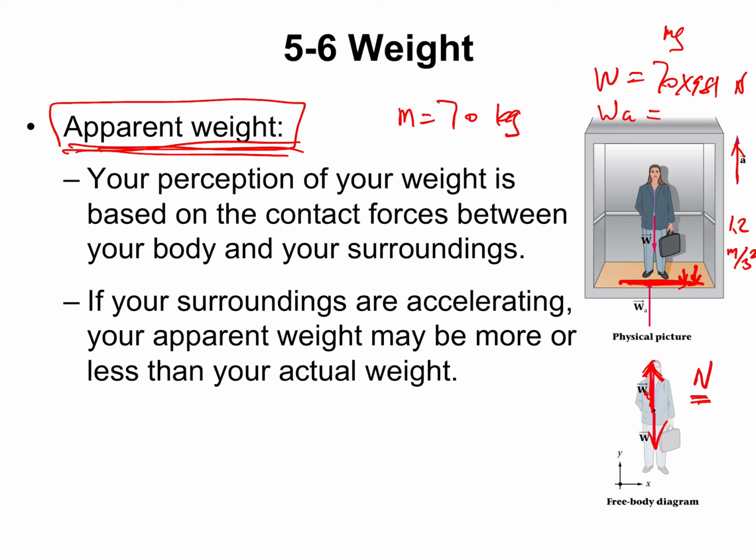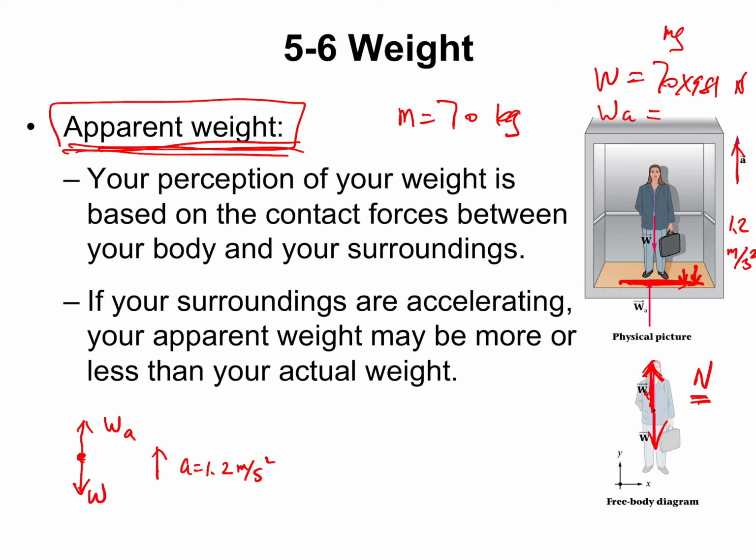Well, we have to do the free body diagram. This is you. How many forces are there on you? You have your weight, and you have the normal force, which is also the apparent weight. What is our motion status? a equals 1.2 meters per second squared.